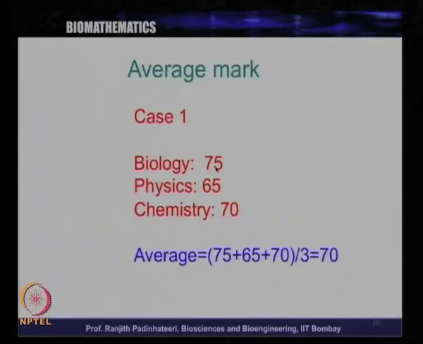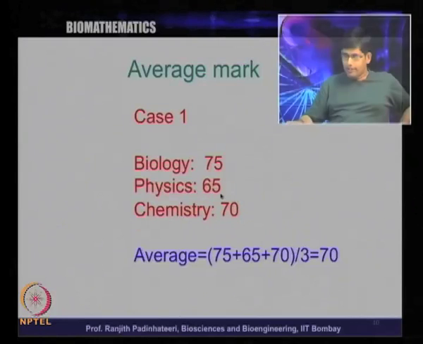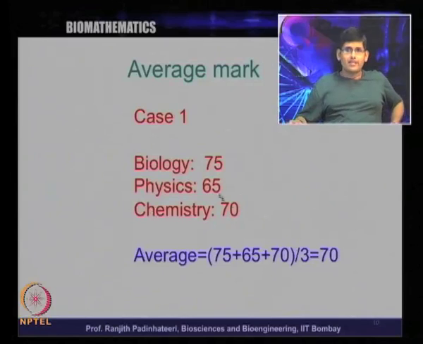You got 75 for biology, 65 for physics and 70 for chemistry, and the average is 70. So, even in this case you will say that okay, I got average mark 70 for my class 12 final exam. You are correct.